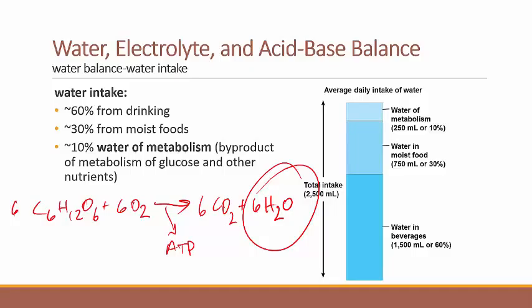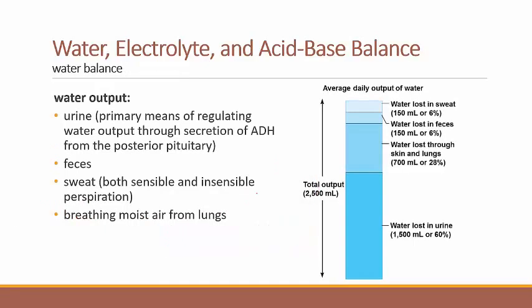Water output, it's through urine, is the primary means. About 60% of our water is lost through urine, but we also lose water as feces, because feces is a moist material, through sweat. Sensible sweat is the sweat that we notice. Insensible sweat is the sweat that evaporates immediately.